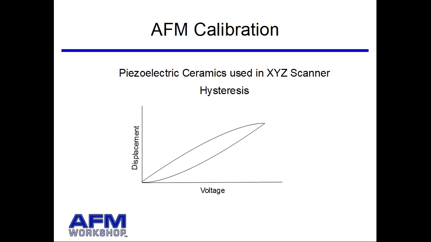There are some other techniques, but the primary technique are piezoelectric ceramics. And piezoceramics are not linear materials. That is, if you put a linear voltage ramp on the ceramic, its displacement exhibits hysteresis. That is, when you're going up, it wants to stay smaller. You're going back down, it wants to stay larger. So this hysteresis can affect the calibration of the instrument.